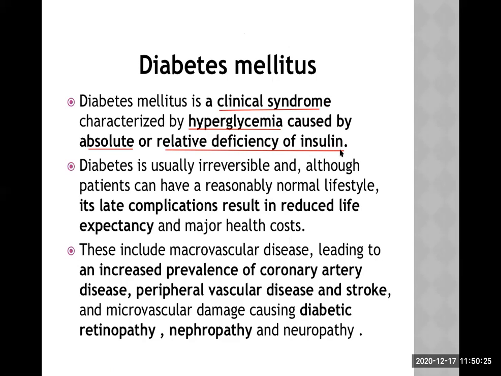This is an excellent definition because all cases of diabetes will have hyperglycemia, first thing. But what is the cause of this hyperglycemia? That is either because of absolute deficiency of insulin or relative deficiency of insulin. Absolute or relative.